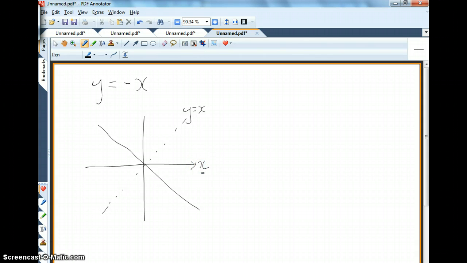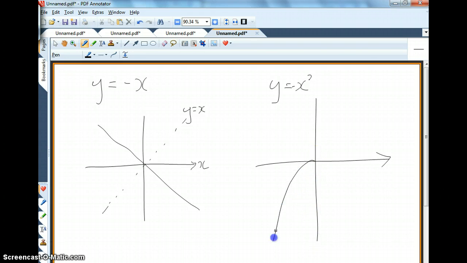You see that? If you put a mirror line along the x-axis, you would end up with y equals minus x. Well, the same is true for a parabola. If you take y equals x squared, put a minus in front of it, that's flipped in the x-axis. So that's how you can flip a parabola. By the way, this one is still the standard one. Across 1, up 1, across 2, up 4, or down 4 rather.